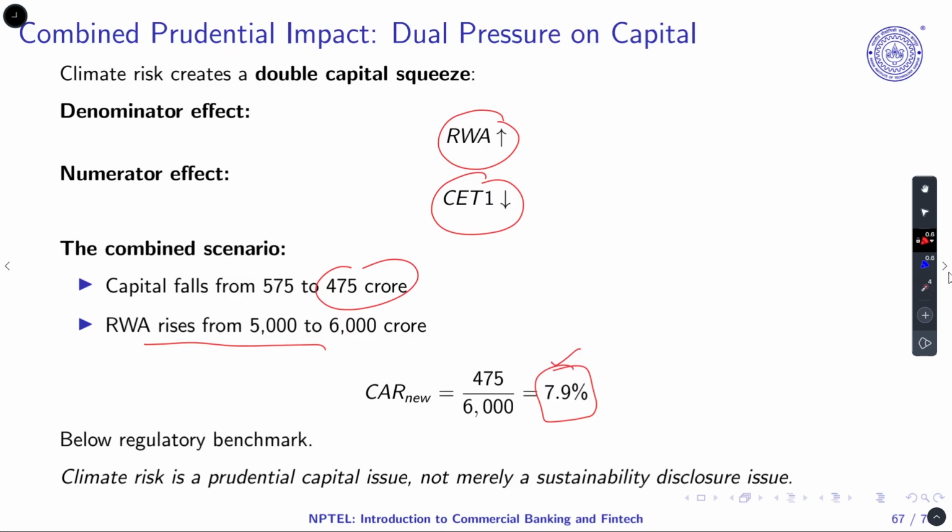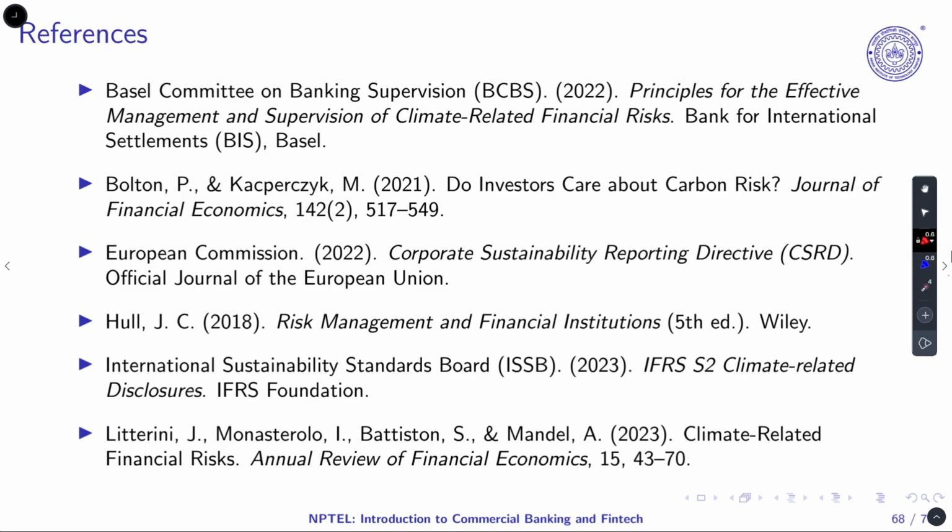So with this background, I hope you are able to understand. There are different papers attached to it. One is called the Principles for the Effective Management and Supervision, which is the BCBS norms. Then here we have the Bolton and Kaspersky, a very good paper, which you can also refer to, and there are others in the Hull book also. You can find Risk Management of Financial Institutions, which gives some idea.